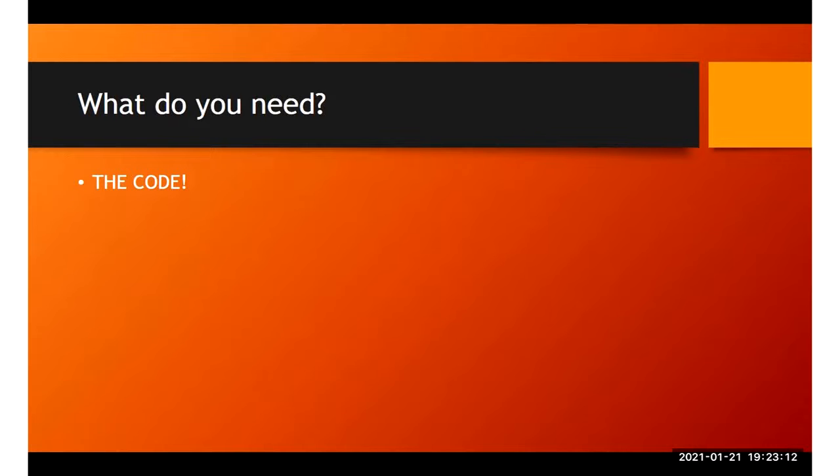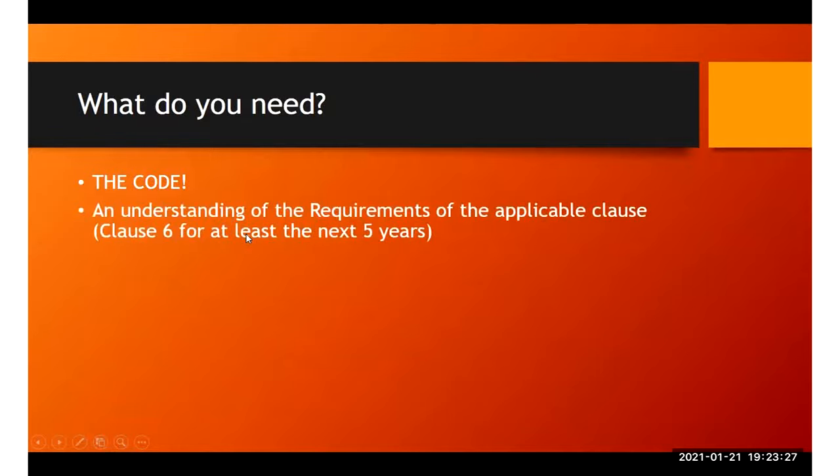Okay. Myself, I've tested welders with various codes. I've got to be careful doing things off the top of my head, so it's good for me to actually have that code with me and look at it before I get started. Now, another thing you need besides just having the book is, of course, an understanding of the requirements of the applicable clause.